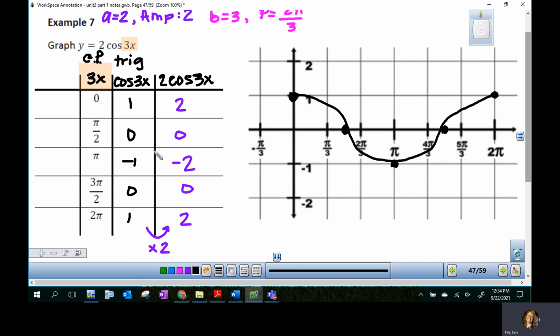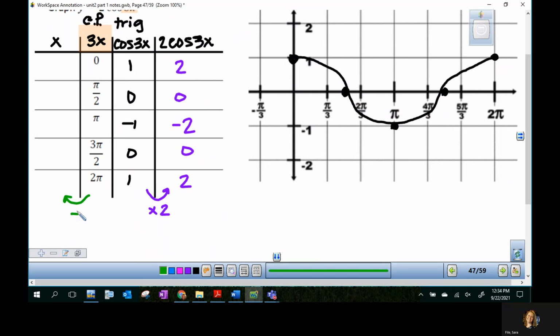Okay, now to get x by itself, I have to go backward from the critical point column. How do I get rid of that 3? Okay, so I'm dividing by 3. So that's 0. That's pi 6.